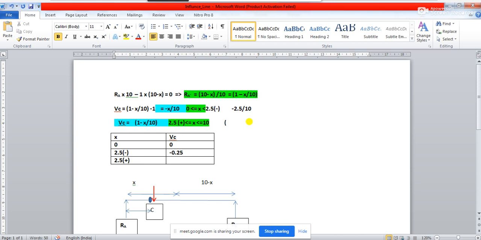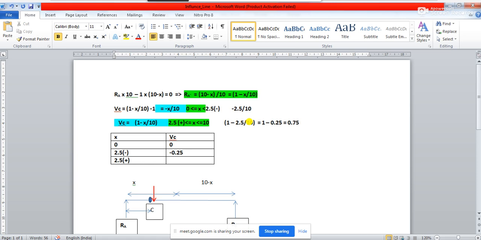So what will I be putting here? 1 minus 2.5, sorry, 2.5 divided by 10, right? So 1 minus 0.25, how much will it be? It is going to be 0.75, isn't it?